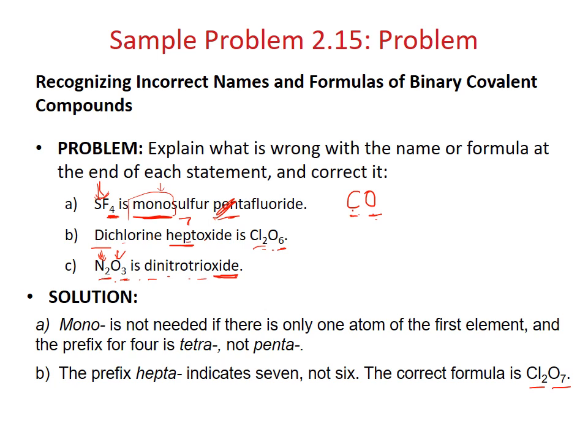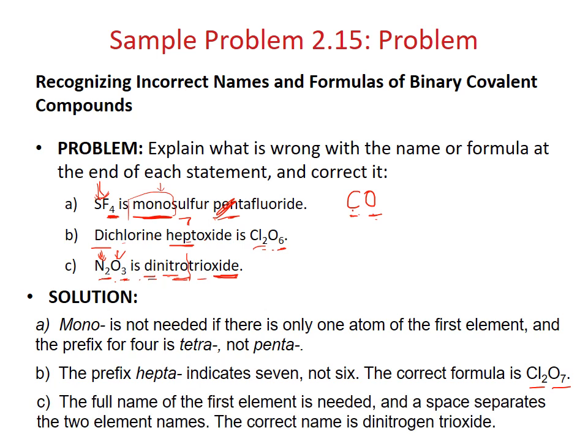So it should be dinitrogen, not dinitro. The first one you shouldn't change, and therefore there's a mistake here. Dinitrogen trioxide. Okay, that's the correct one. And also, these two should have a space between them. So dinitrogen trioxide.